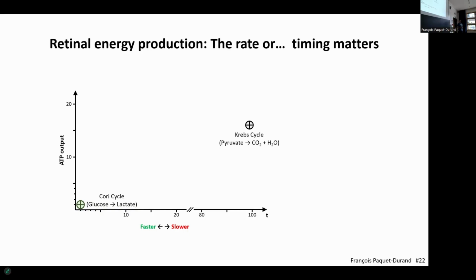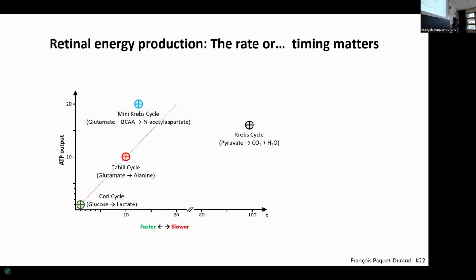This would be about 100 times slower. The yield would be higher, but it would be much slower. If we compare it to the Cahill cycle, it is not as efficient as the Krebs cycle in terms of ATP output per carbon input, but it is faster. So the Cahill cycle, from a kinetic point of view, is far more interesting. And the Mini-Krebs cycle is even more interesting.